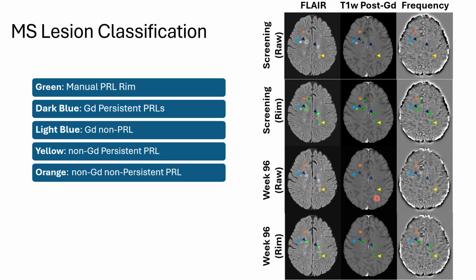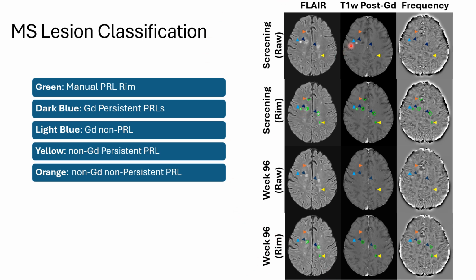The third row shows the same images, but for week 96, and the fourth row shows the overlay of the manually drawn PRL rims. The dark blue arrows are highlighting a persistent PRL lesion showing PRL rims at both screening and week 96.